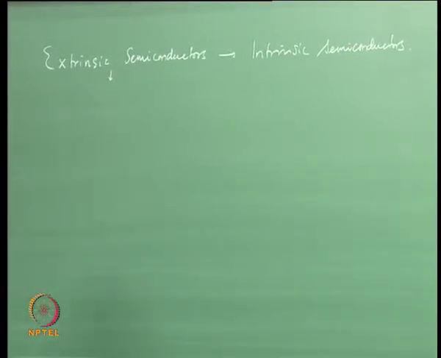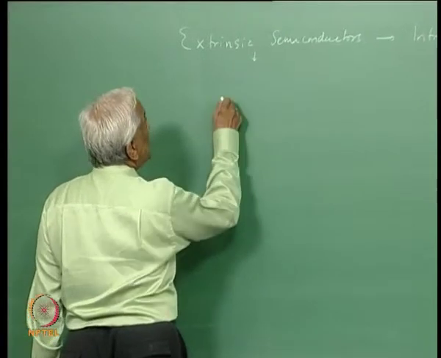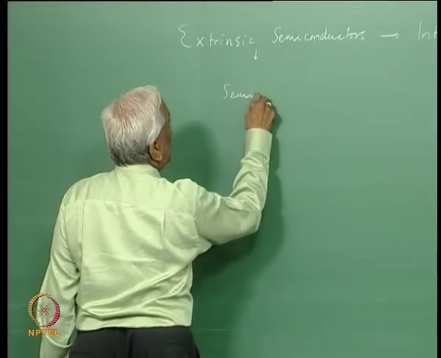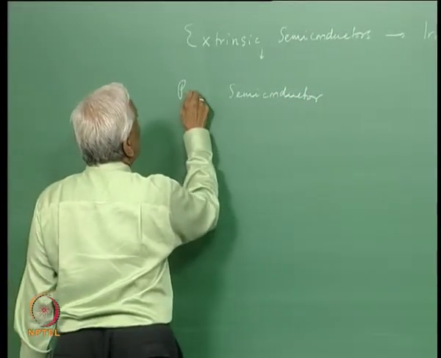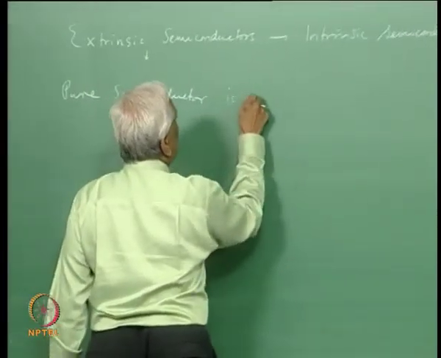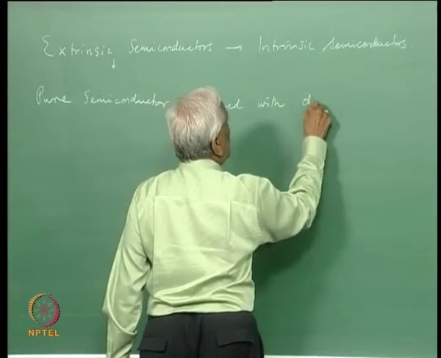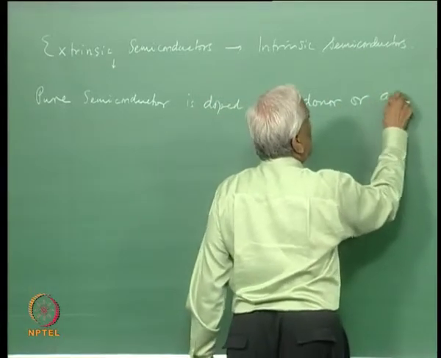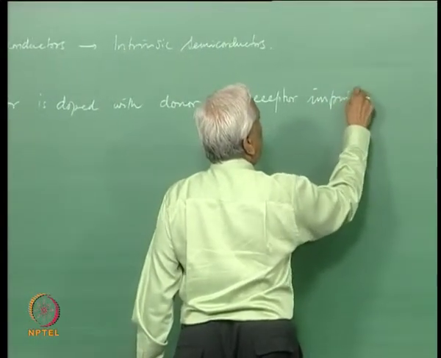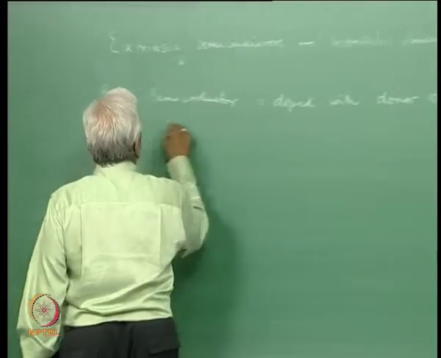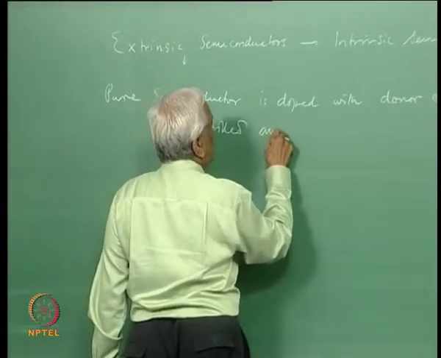It has already been mentioned that an extrinsic semiconductor is one in which a semiconductor which is extremely pure is doped with donor or acceptor impurities in controlled amounts.